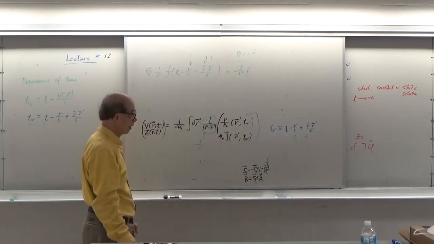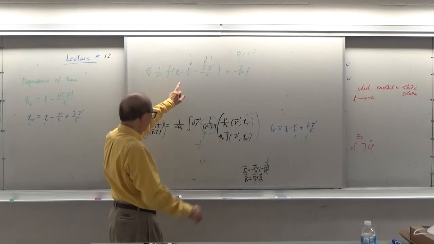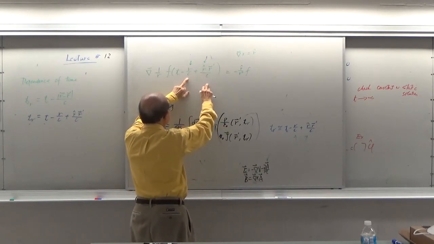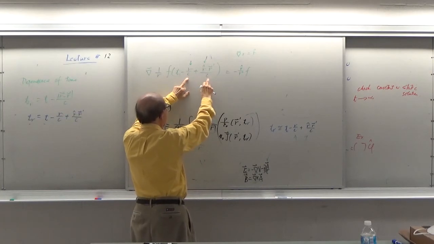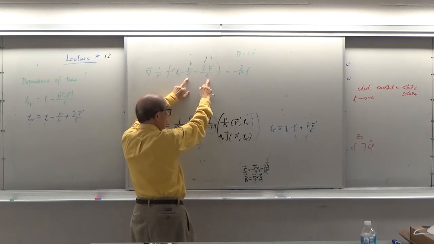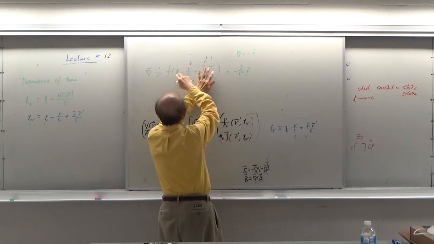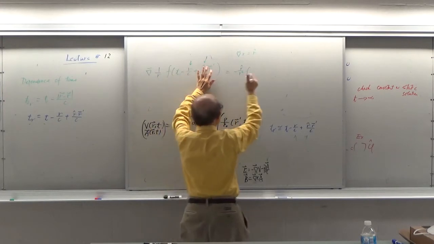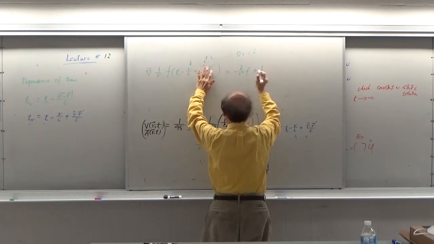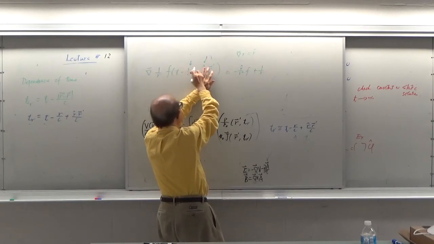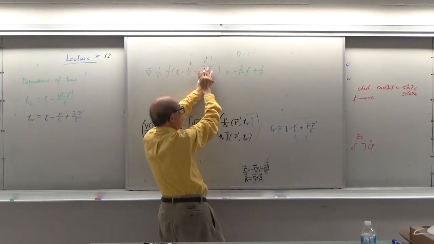Now the complicated thing is that in the time dependence of the sources, there's this dependence on r and r prime. It turns out that I can in fact drop this term to the order of approximation that I'll be making. So forget about this. Then the gradient acting on this, leaving this alone, so there's the plus 1 over r factor. Then the gradient acting on this f: well, this r dependence appears in the time dependence.